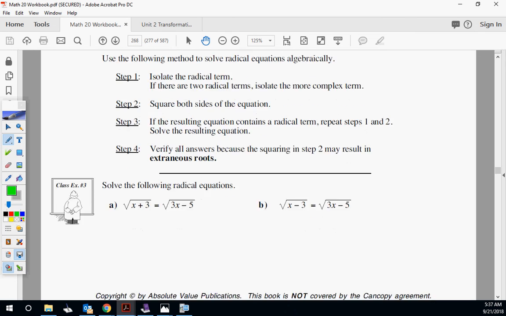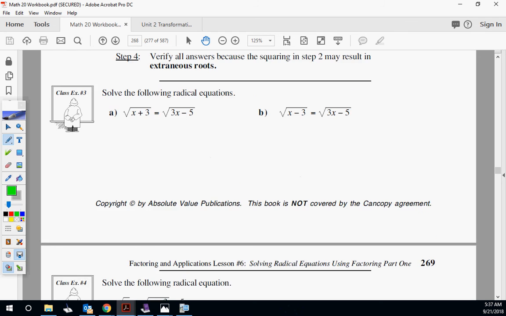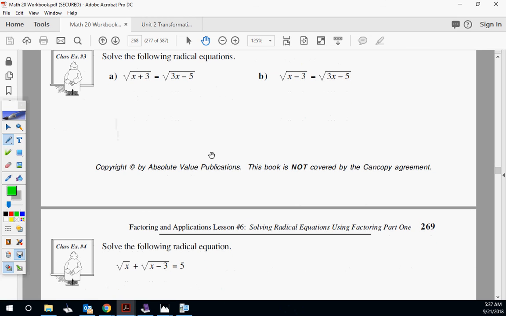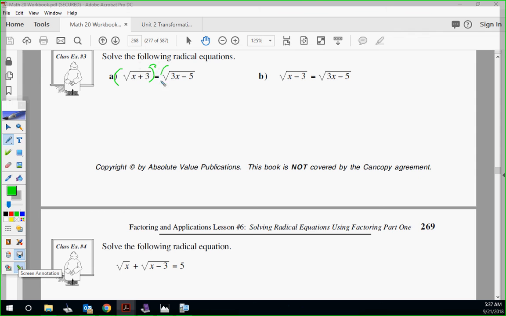Okay, so let's go through a couple of examples here. For these ones, they're already isolated. They're single radicals on both sides. So we do have 2 radicals, but these are the easier ones because we're simply going to square both sides. So you get x plus 3 equals 3x minus 5.